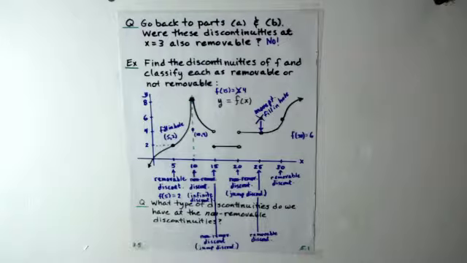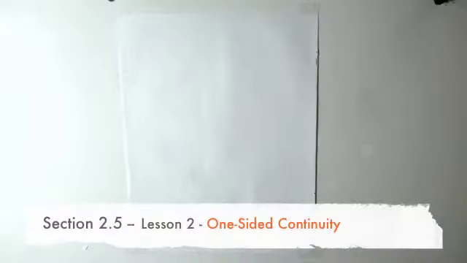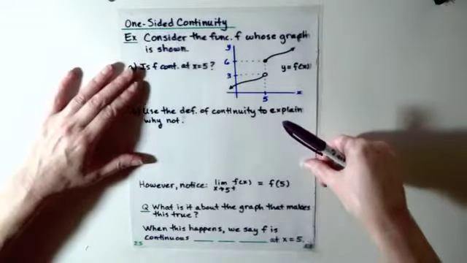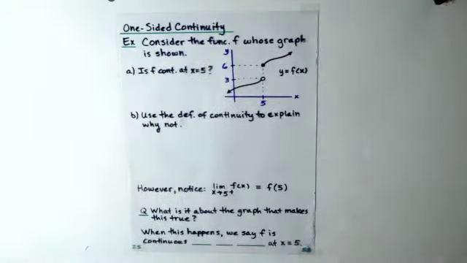Okay. We're going to go ahead and look at the next page and talk about a slightly different idea. Just to review what we've done so far, we've talked about the intuitive definition of continuity, that you don't lift your pen off the paper. We have talked about the more precise definition of continuity with the three conditions, and we've learned how to check those three conditions either from the graph or from the equation of the function.